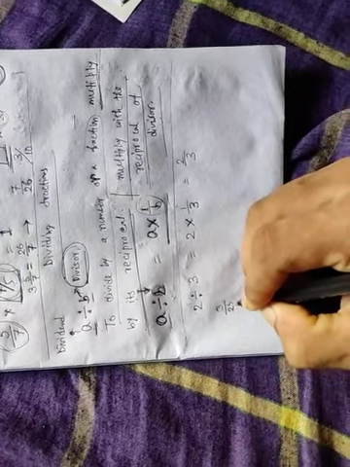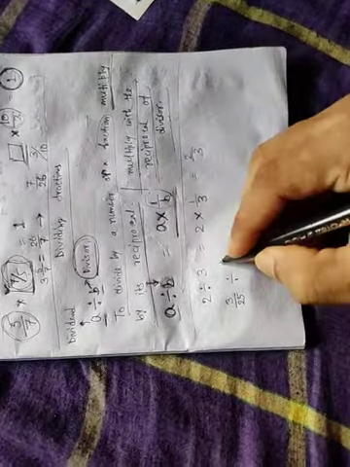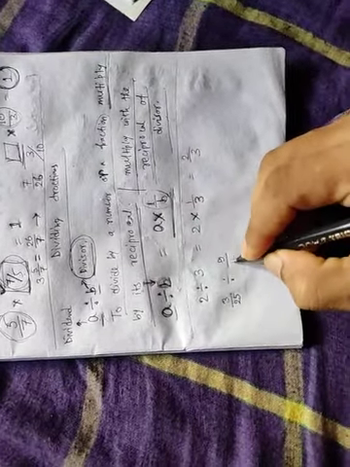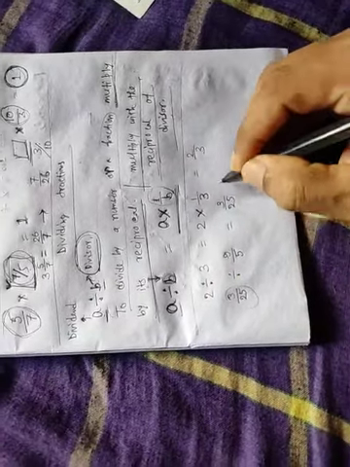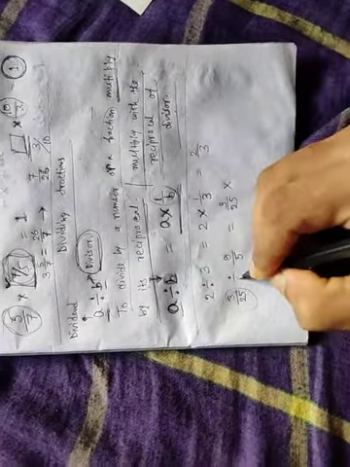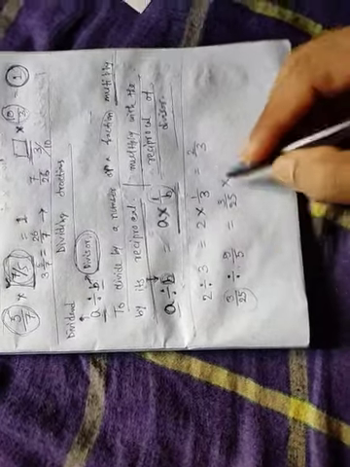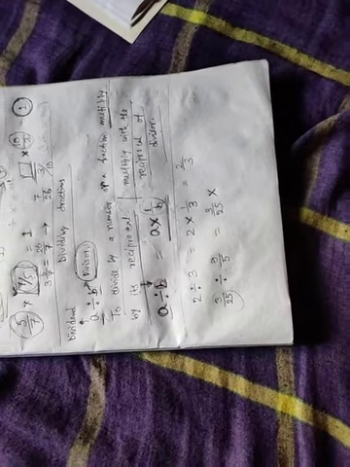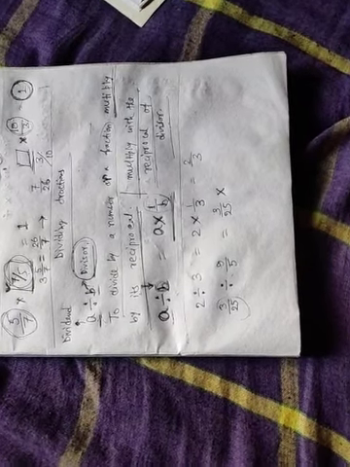3 upon 25 divided by 9 upon 5. The dividend will not be changed, so write the dividend as it is given, into, check the sign. Here there was division, but I have changed it into multiplication. That's why I have to multiply with the reciprocal.